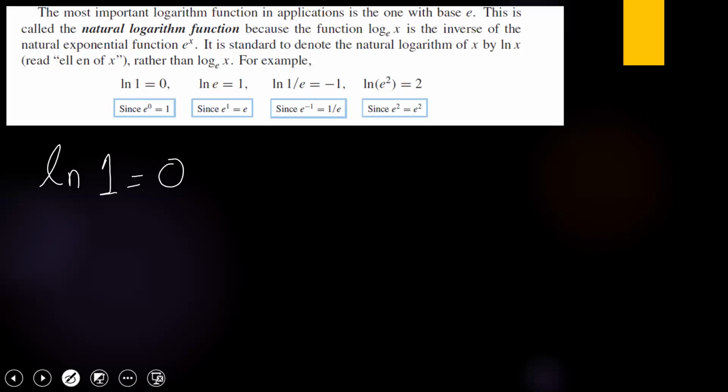Why? Because imagine there is an e hidden here, or you can say it is like logarithm base e of 1. That means what is the number that I raise e to, to get 1? All of us know that any number raised to 0 gives 1. e to the power 0 is what? 1. So ln of 1 is 0.